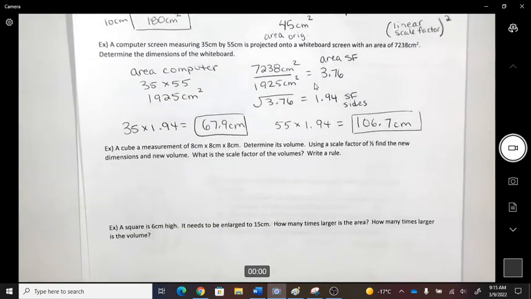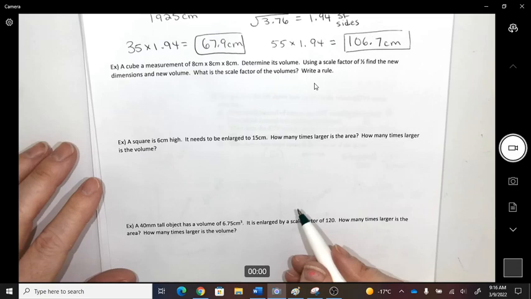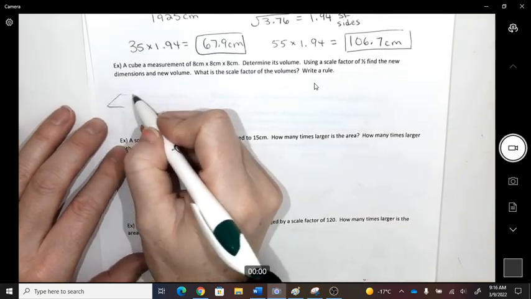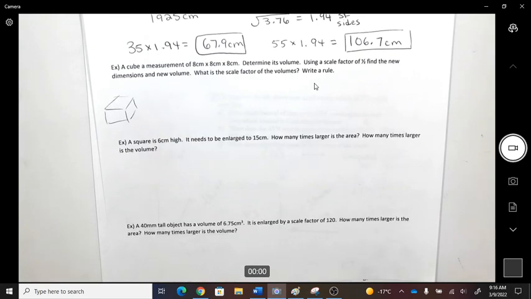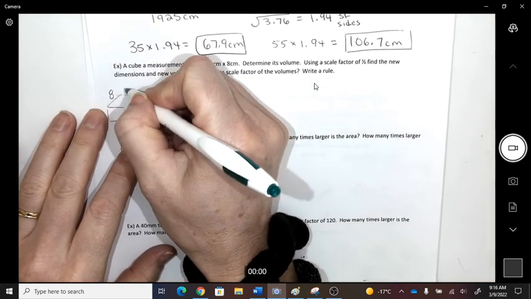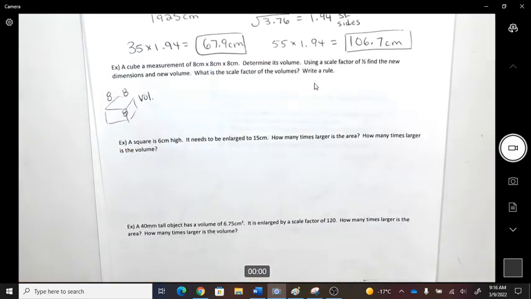Okay, number 3 here, we have a cube. So this is what a cube is, just that shape I drew before. A cube is 8 by 8 by 8. So what's the volume of that shape?